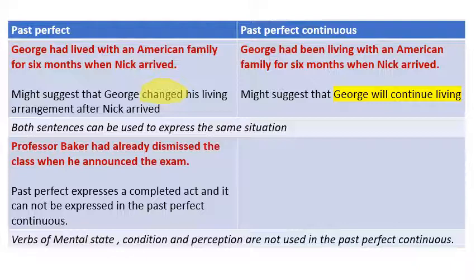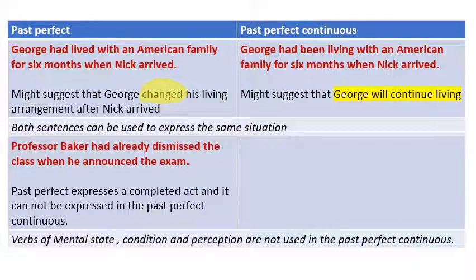However, in the other part of the table, George had been living with an American family for 6 months when Nick arrived. This might suggest that George will continue living with the American family, a continuous event, and it was interrupted by the arrival of Nick.